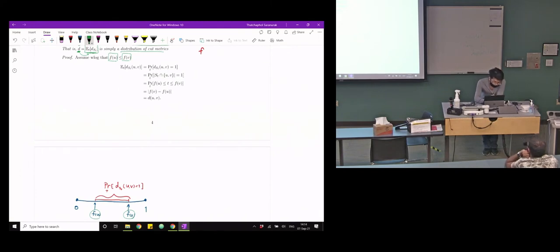What is the expected distance between u and v with respect to a cut S_t? Because the distance here is just 0 or 1, this is exactly the probability that the distance is 1.